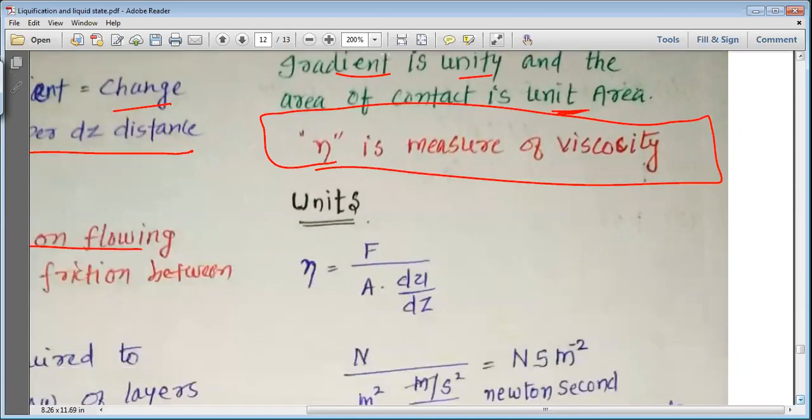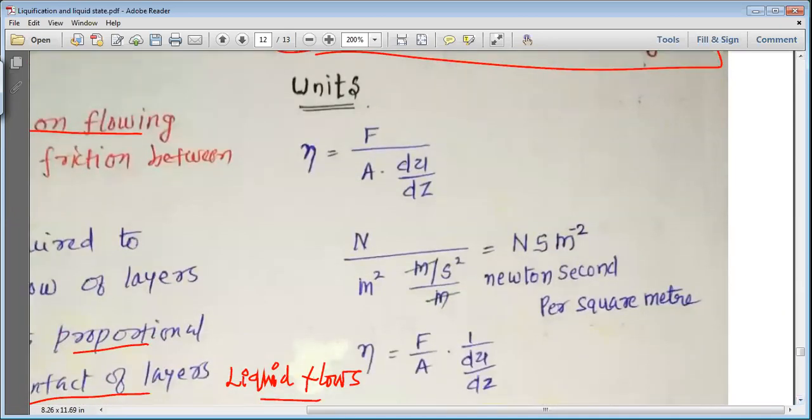Now, my dear students, we are going to study the units of coefficient of viscosity. So we know that F is equal to eta into A into du by dz, and therefore eta is equal to F divided by A into du by dz.